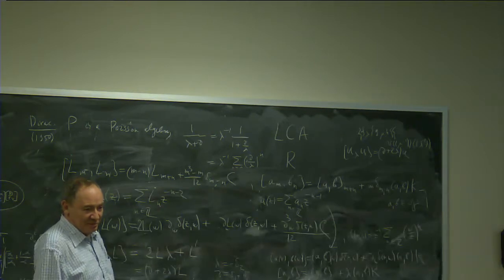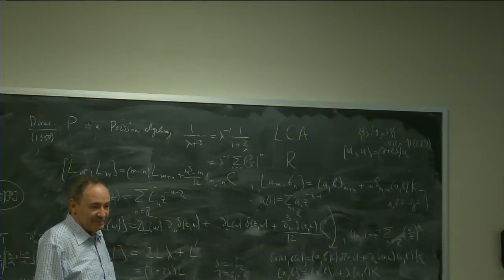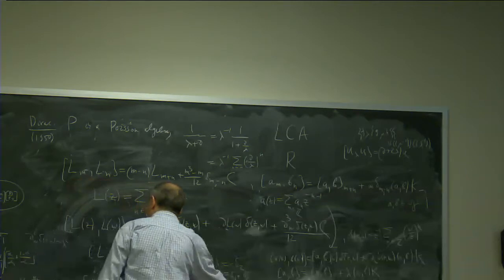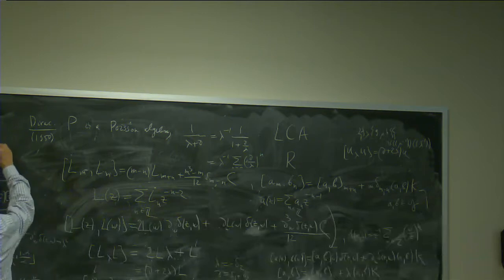Then I realized that if you introduce Fourier transforms, everything becomes much simpler. So it was a technical device to simplify computation. Anyway, you can read about all this, about these foundations of the theory, in my book Vertex Algebras for Beginners.